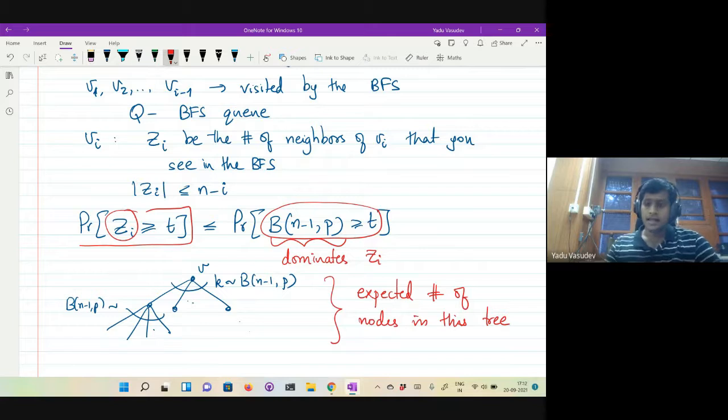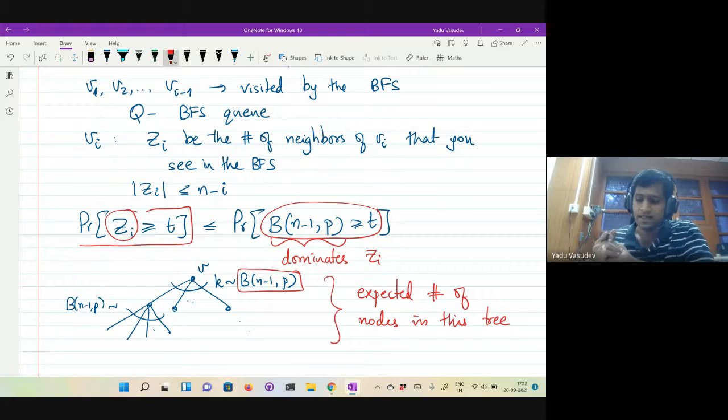Right? If I can bound this quantity, where I'm using this binomial random variable as an upper bound for the actual number of neighbors that you might see, then definitely this upper bounds the expectation that I really want. Okay. So it's sufficient for me to study this process. Okay. So this is what is known as a branching process.